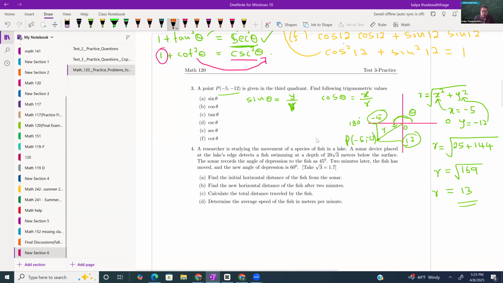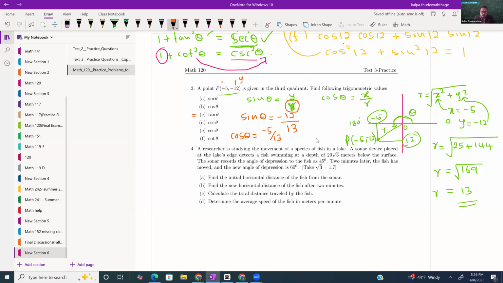So once you get those values, it's very easy. Sine theta is the y coordinate, which is -12 over 13. Remember, you have to put r. Cosine theta is the x coordinate, which is -5 over 13. Both sine and cosine are negative. What is tan theta? Tan theta, by definition, is y coordinate over x coordinate.